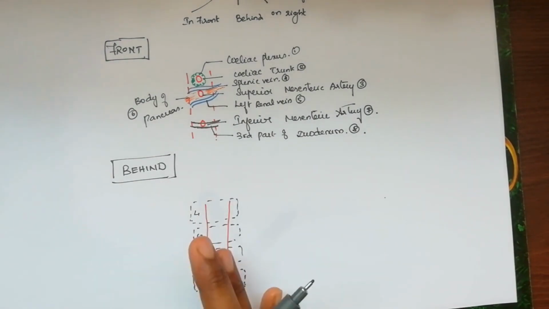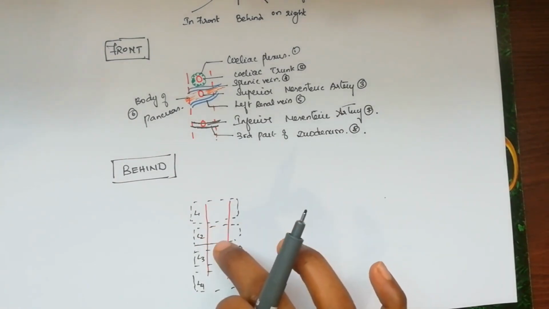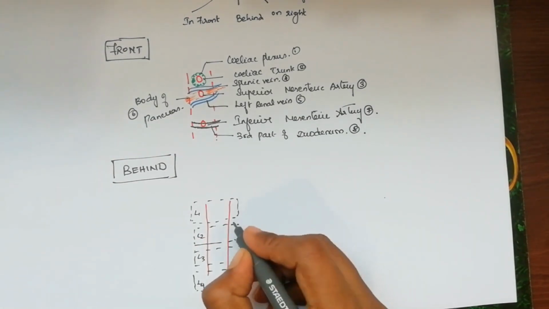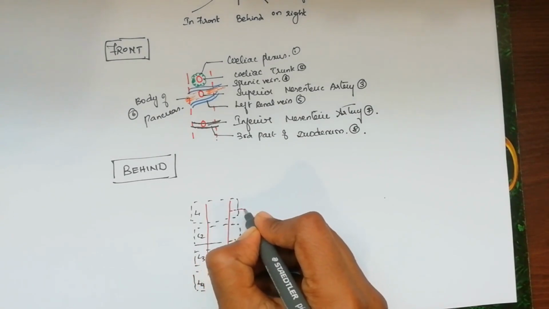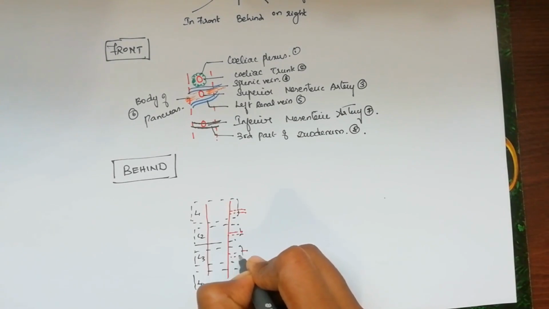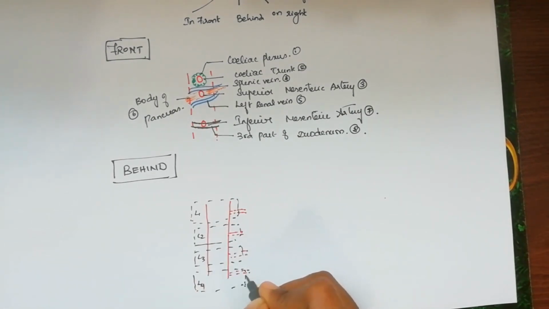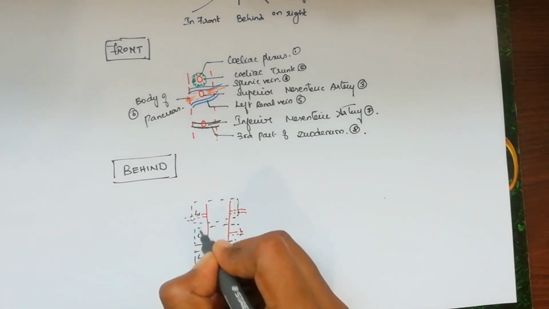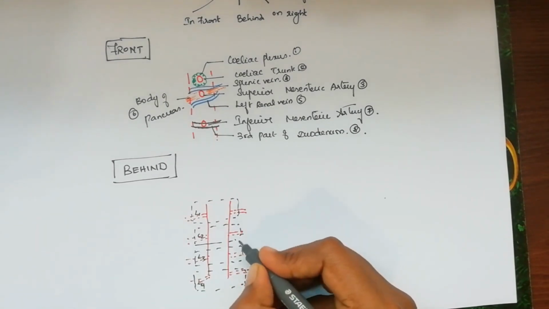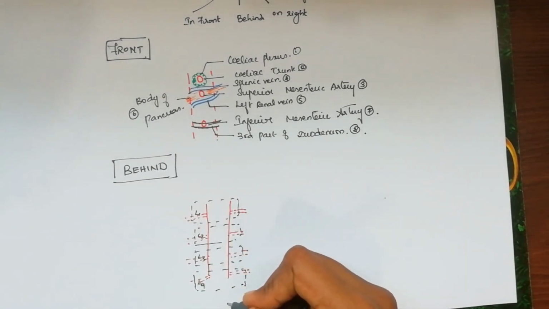Along with this, some arteries arising behind the abdominal aorta will also be related, such as four pairs of lumbar arteries arising from it, four pairs on either side. So we have four pairs of lumbar arteries and four lumbar vertebrae.